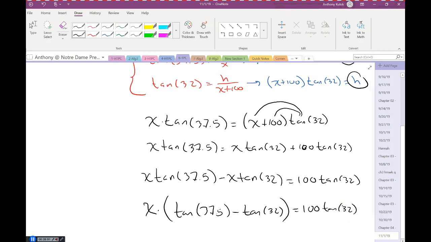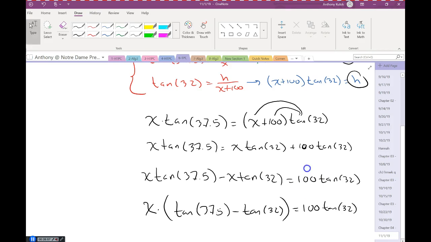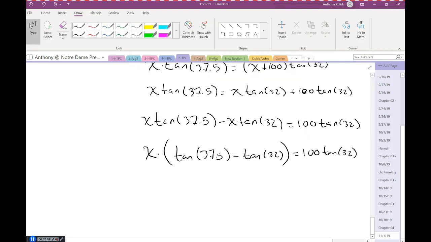I need to do that because that's going to get me x in just one place. So now if I divide both sides by tan 37.5 minus tan 32, I'd have the x isolated.